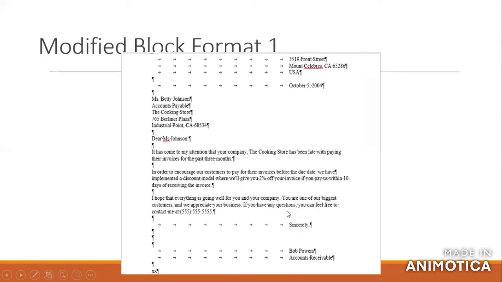The complimentary close goes to the right. And if you look, the complimentary close, the date, and the sender's address all line up. If you were to take a ruler and hold it to your screen, you would see that they all line up. The sender's information, the date, and the complimentary close are all aligned to the right.